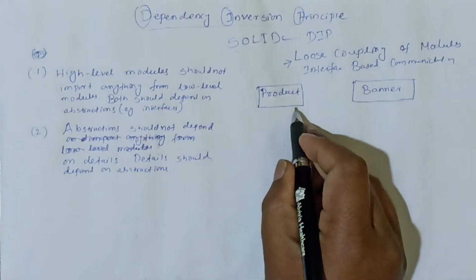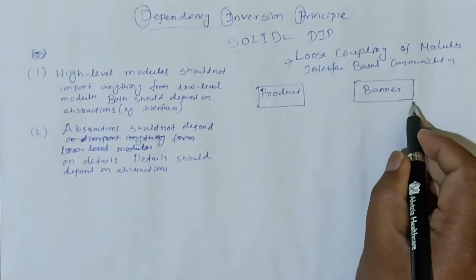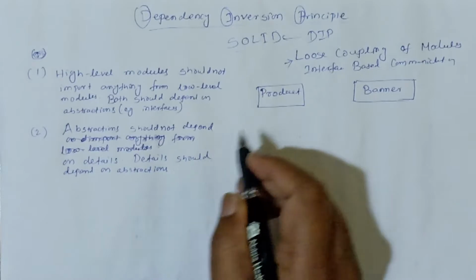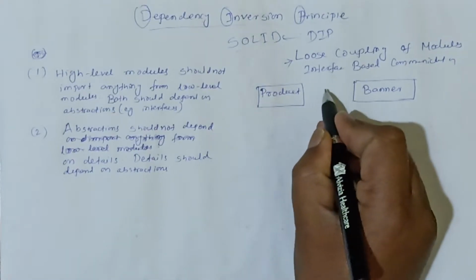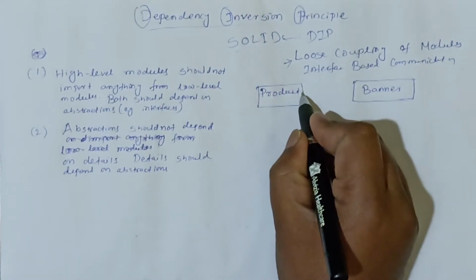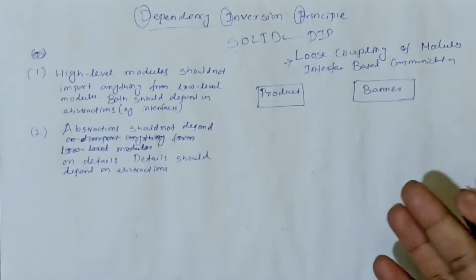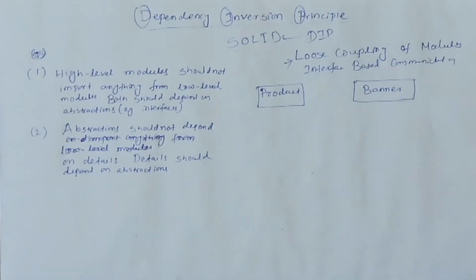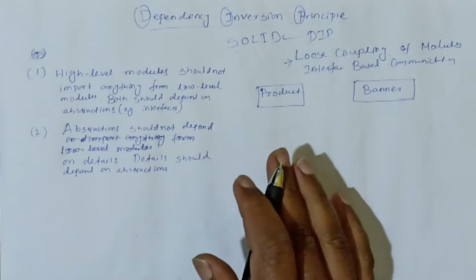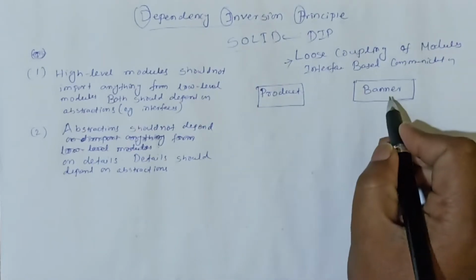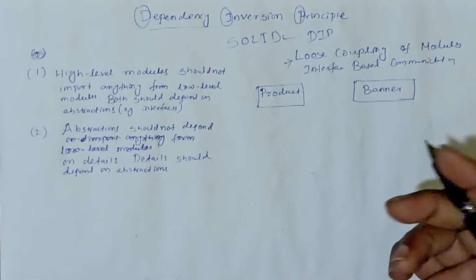So both are different modules. The product module is a separate module and the banner module is a separate module. Now, let's say the product module's high level communicator is a class, not an interface, and a similar thing is there with banner.